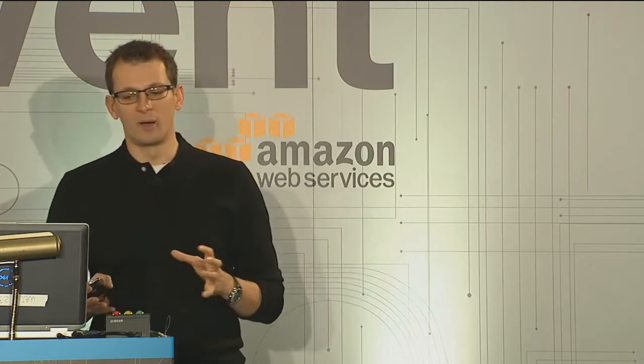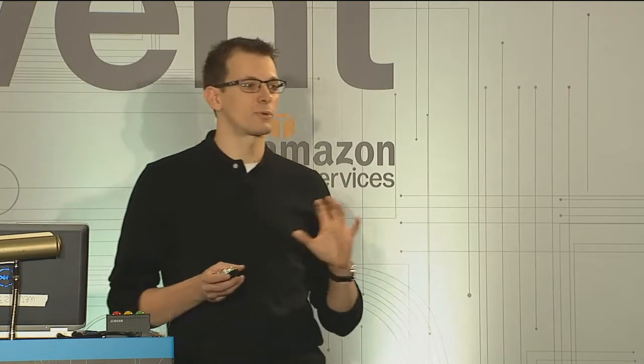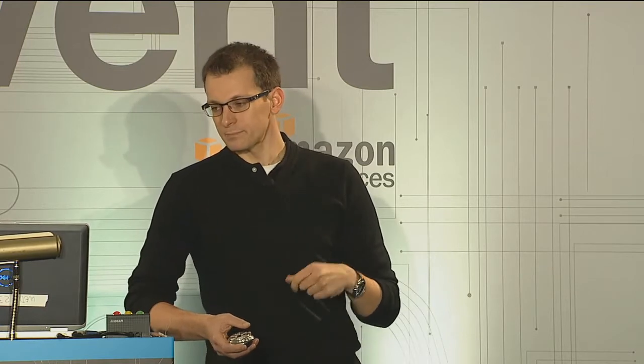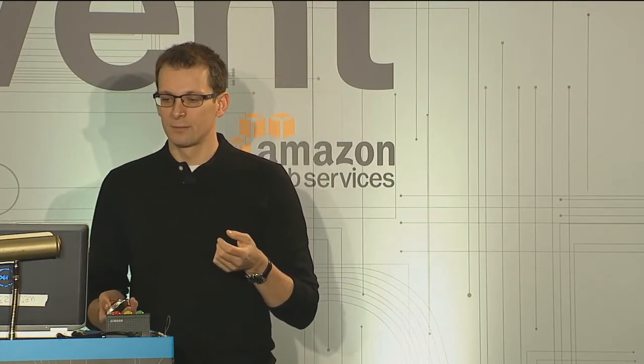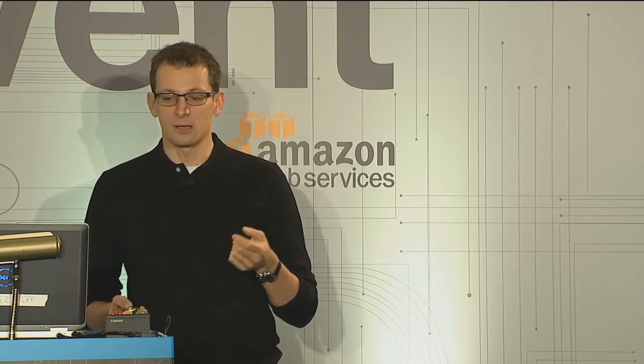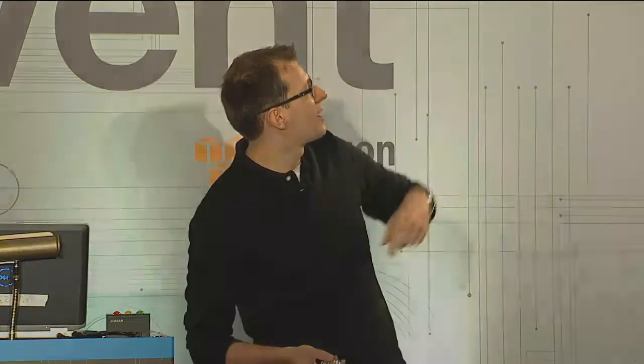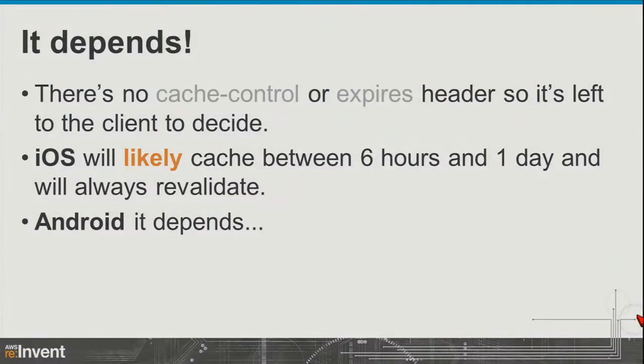On iOS, most likely with all the defaults set, where nobody did anything about the cache, it's going to be cached for 6 hours to a day, because I've got a cache control header, and an NSURL connection will actually honor that. And that slide is actually wrong. The first bullet should be crossed out. There is a cache control header in that call.